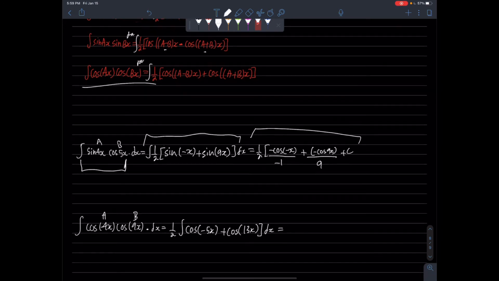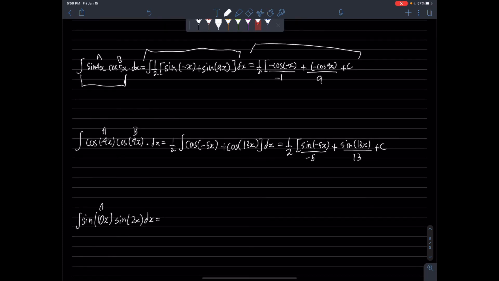Now you integrate this. The integral of cos is just sine, right? So here we've got 1 over 2 times sine negative 5x over negative 5 plus sine 13x over 13 plus c.